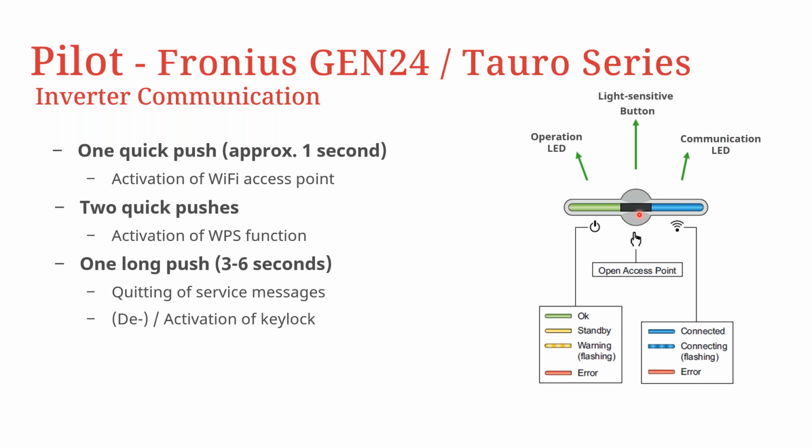One quick tap on the touch-sensitive button activates the Wi-Fi access point. Two quick taps activate the WPS function, and one long push for about 3 to 6 seconds quits service messages, and then either deactivates or activates the key lock function.